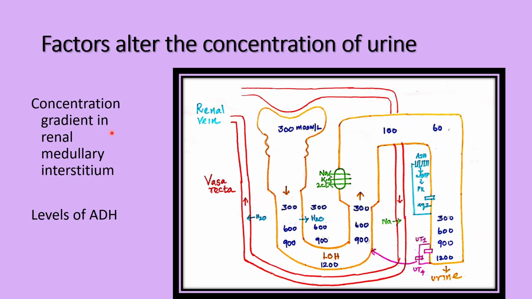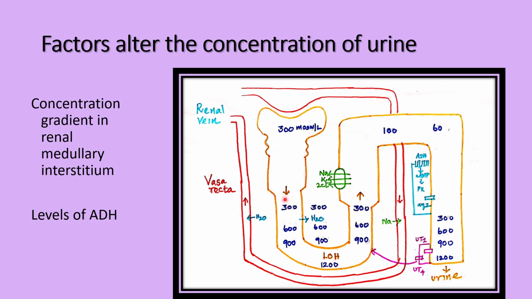Factors alter the concentration of the urine or the concentration gradient in the renal medullary interstitium. The juxtamedullary nephron is important for the concentration of the urine, and it is present in the renal medulla. Regarding concentration gradients, at the end of the proximal convoluted tubule it is 300 milliosmol per liter.